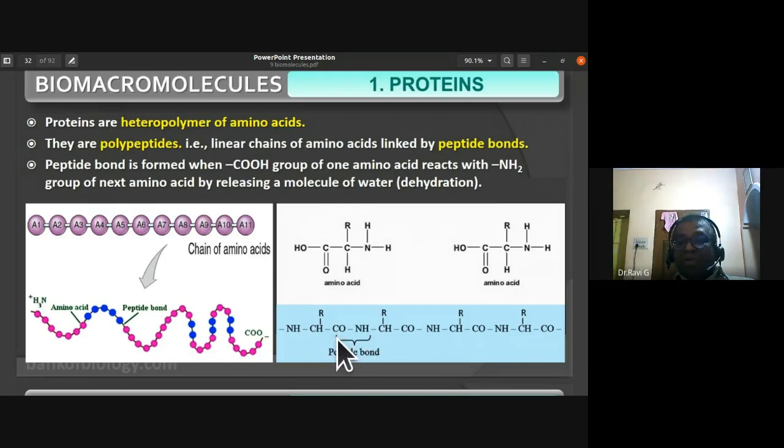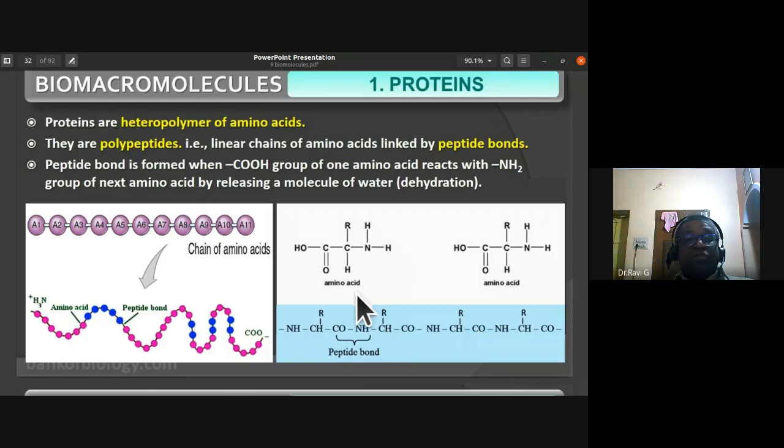See here you can notice the peptide bond formation. So they form a bond here. There is a dehydration here. So H2O is released: one H from NH2 and OH from COOH combine to form water.